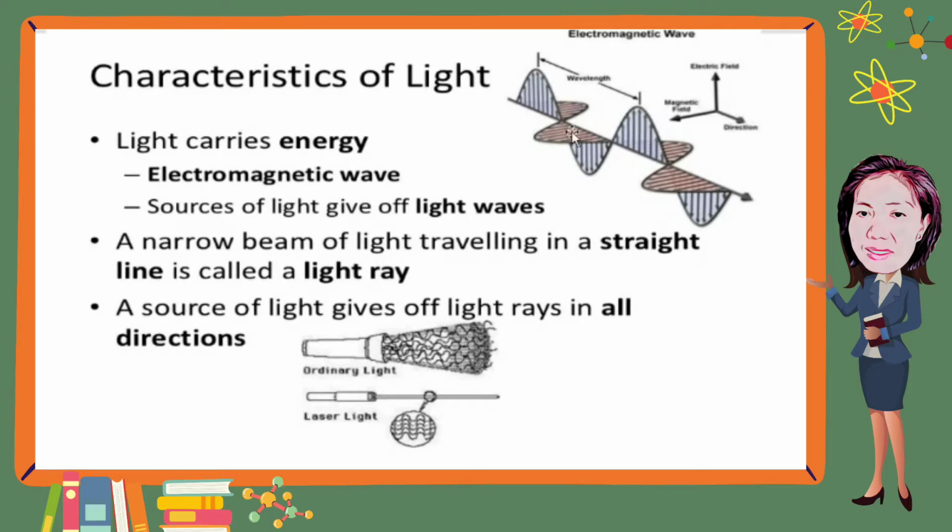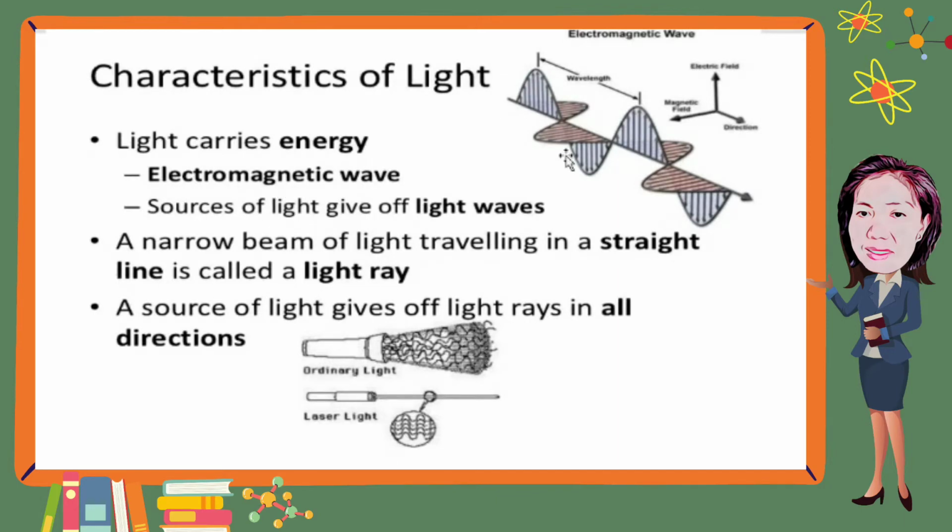We have the up and down wave, this is the electric field. And the left and right movement of the wave, this is the magnetic field. So a combination of electric and magnetic, that is why it is called an electromagnetic wave.